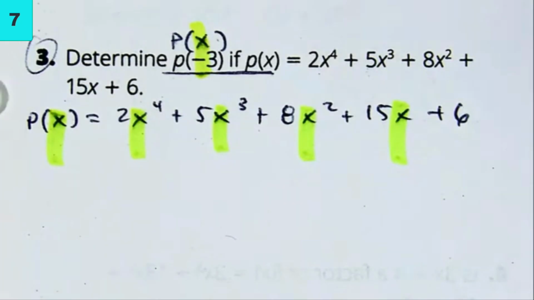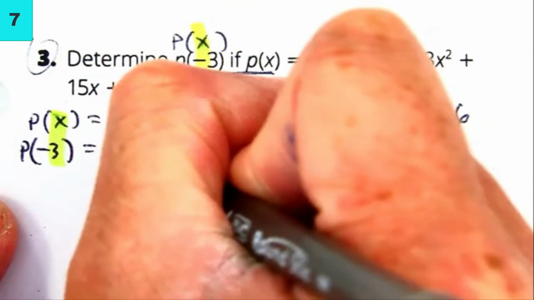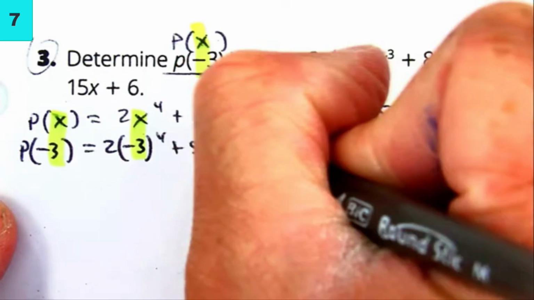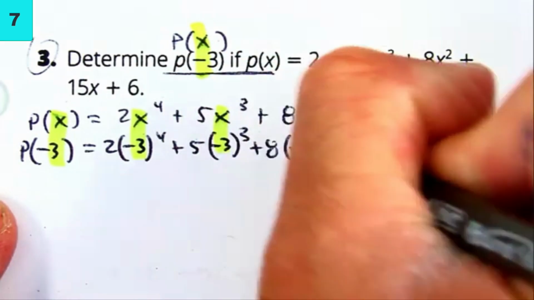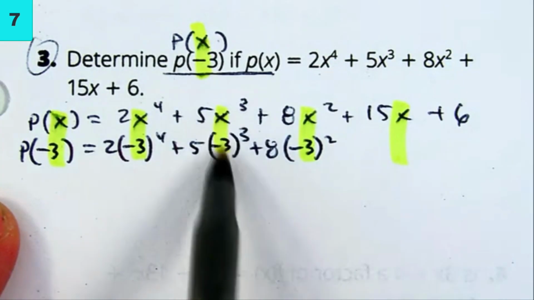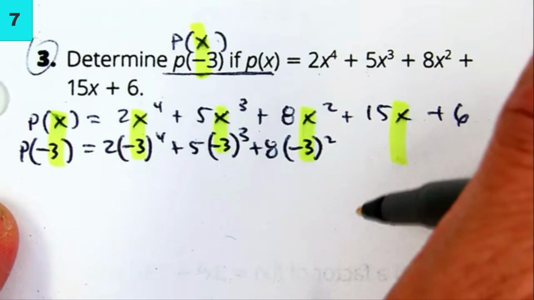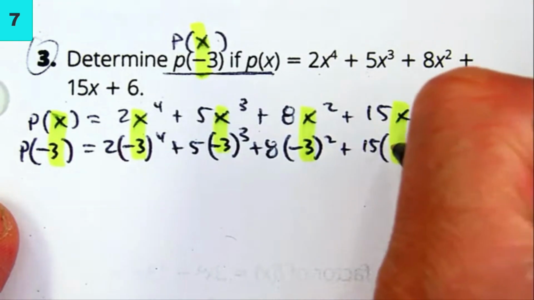Negative 3. Notice how as I'm doing the substitution there in yellow, I'm using parentheses. Hopefully you didn't make that mistake last year where you just put in the number.